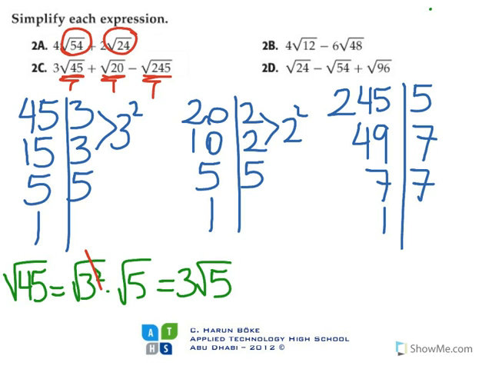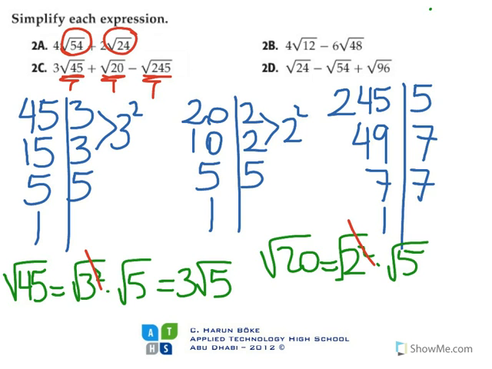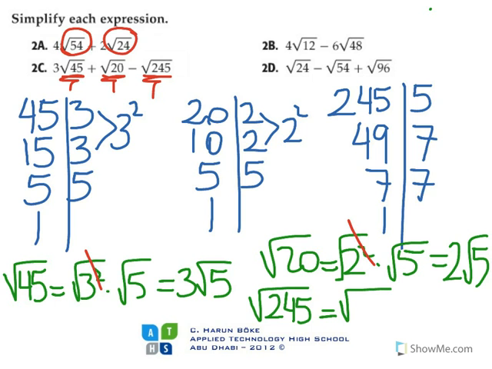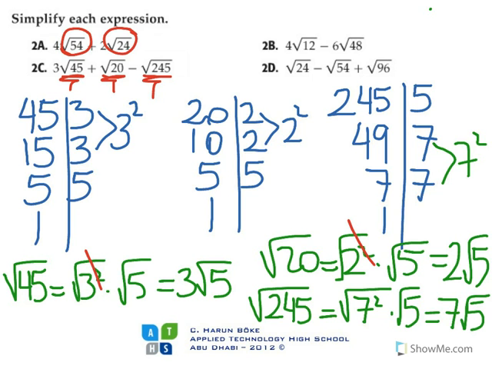For 20, we will have square root of 2 squared times square root of 5, which when we cancel we have 2 square root of 5, and for square root of 245 we have square root of 7 squared times square root of 5, which is 7 square root of 5 when you cancel the square and the square root.